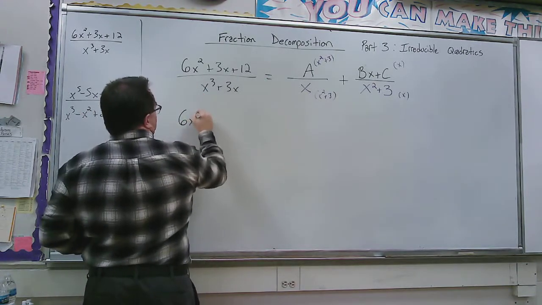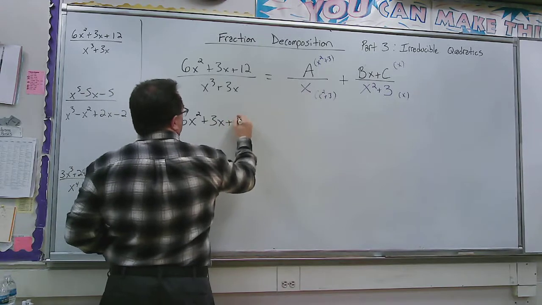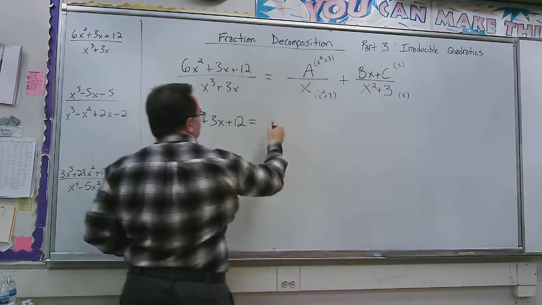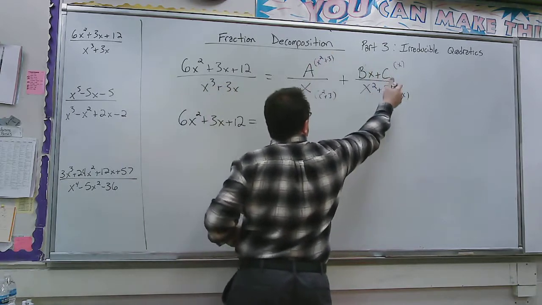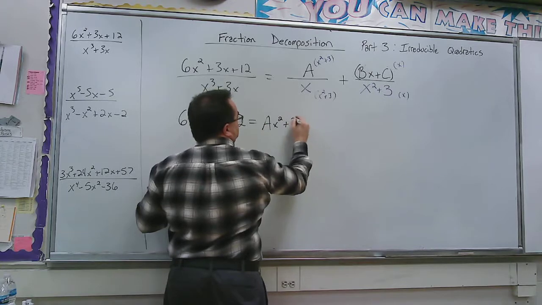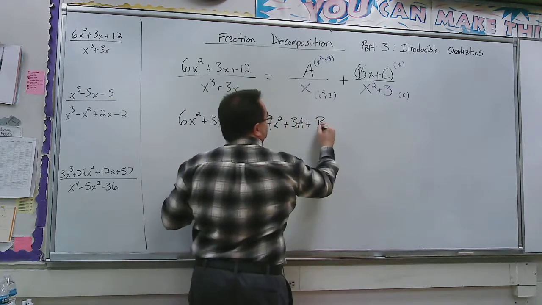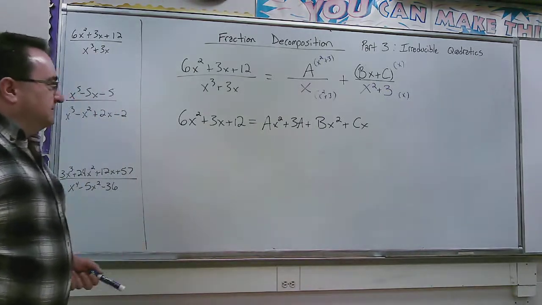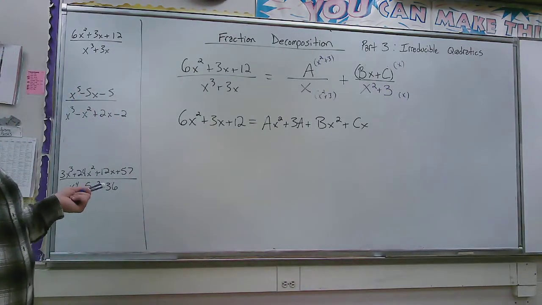So this numerator has to end up equaling the sum of those two numerators, and we just have to distribute, right? Be a little careful up here. And that looks like what we have to deal with.